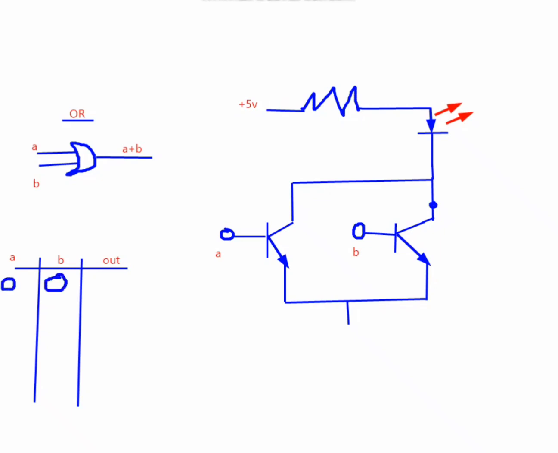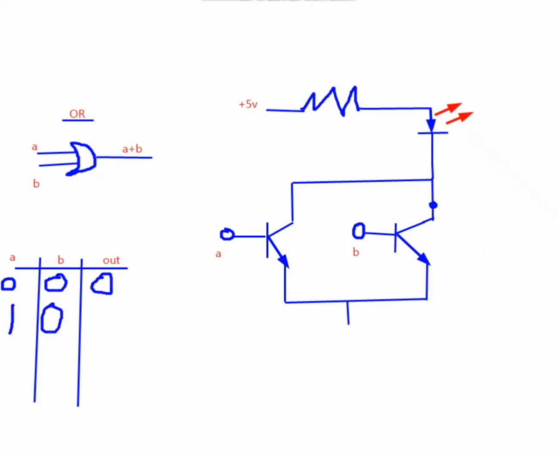Now let's say that A and B are in the off state. Will the LED be on or off? Clearly, no current can flow to the first transistor or even to the second transistor. Therefore, no current will flow through the LED and the LED will be off.